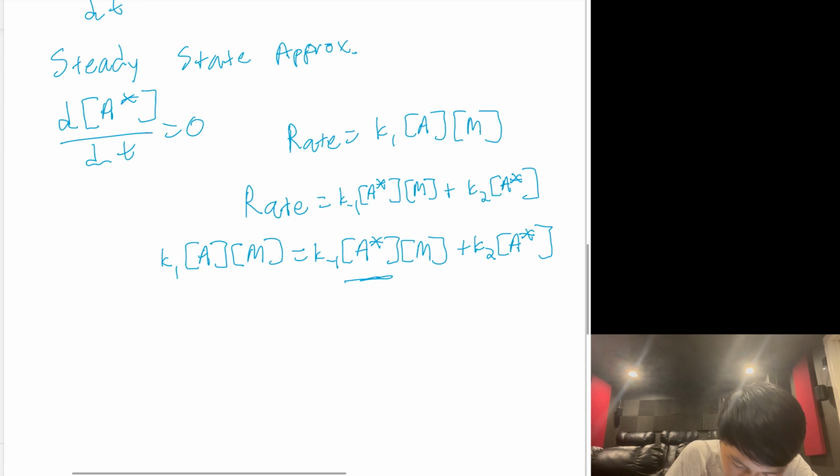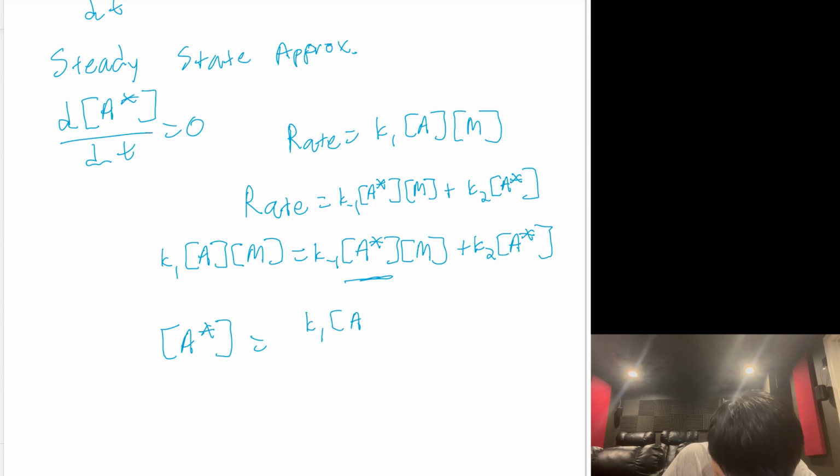So if we do that, we get A star is equal to k1 times the concentration of A times the concentration of M, and this all divided by k-1 times the concentration of M plus k2.